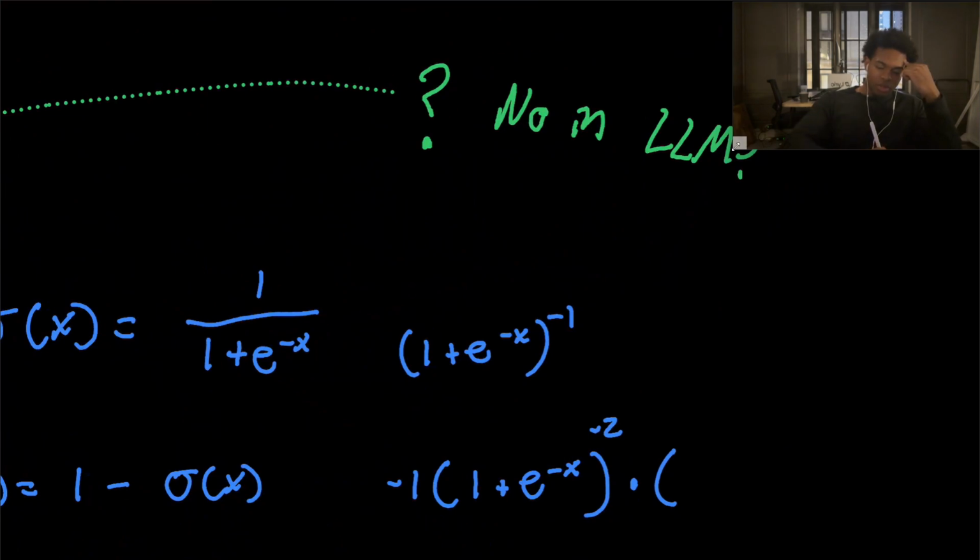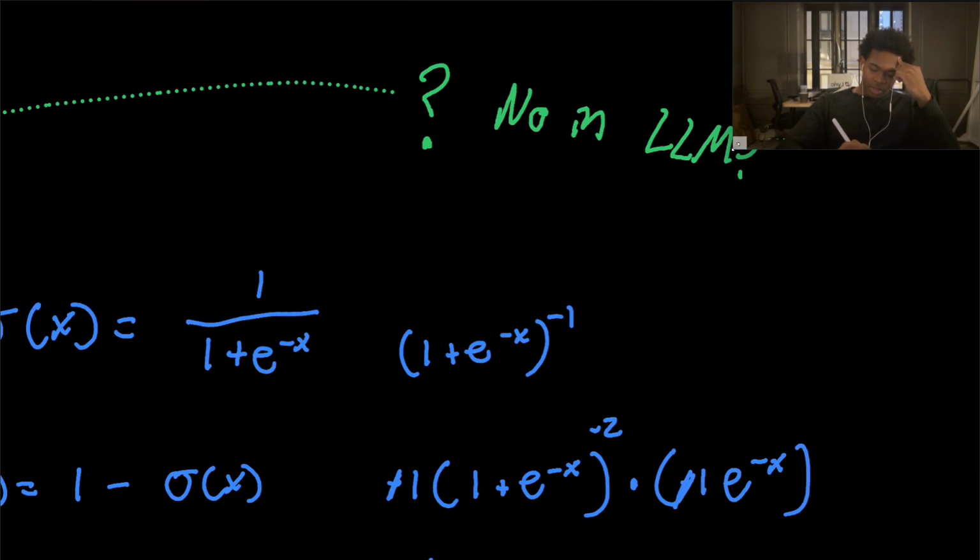Times negative 1 times e to the negative x. So what are we looking at? These cancel out. We can get e to the negative x.